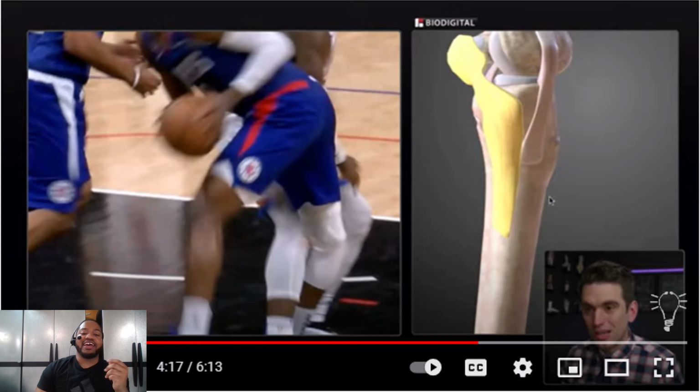If it is the right leg, will his past injury make this one worse? I'm just curious because it looks bad. I don't know how bad it is, but from what he said, it did look bad. So drop down in the comments, will his past injuries affect this one? It might have been the left leg. I don't know. I'm just curious.